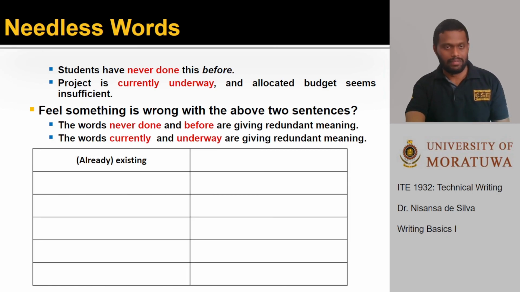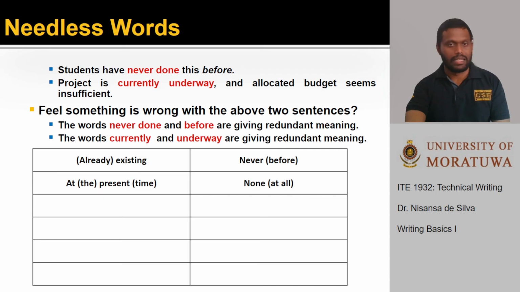Already existing. If it is existing, you know that it is already. Never before. I mentioned it earlier. At the present time. When you say, you can just say at present, none at all, which is okay for speaking, but not for technical writing.